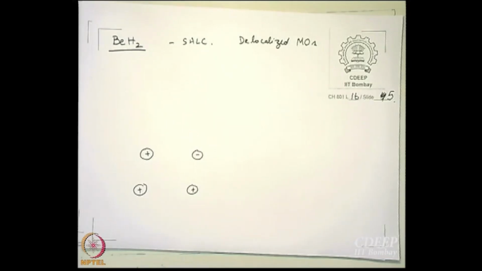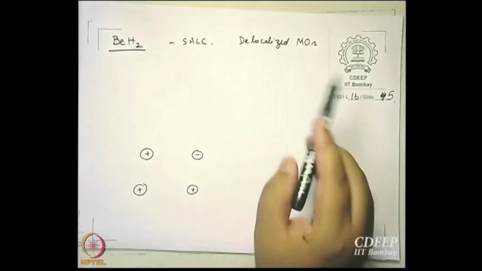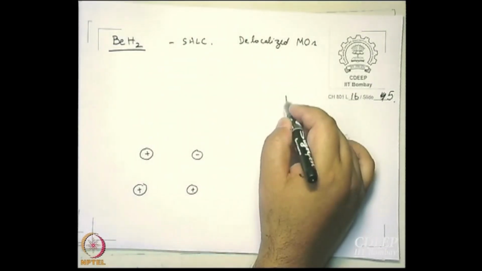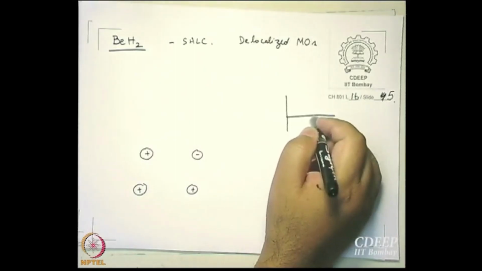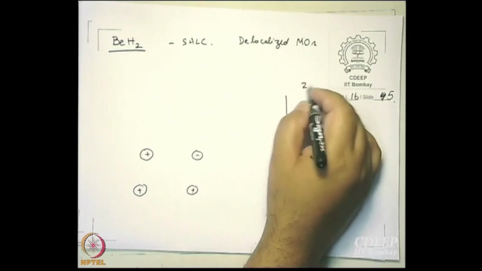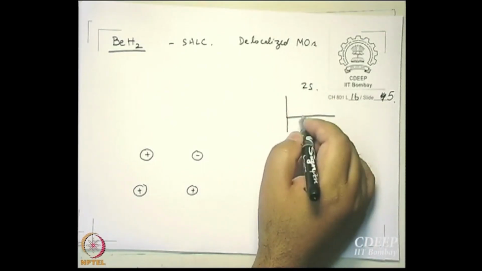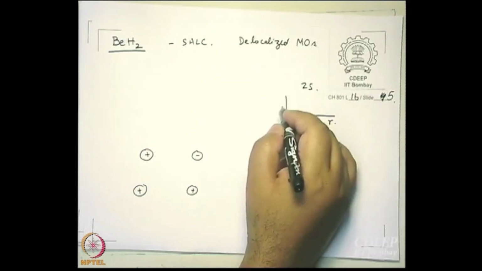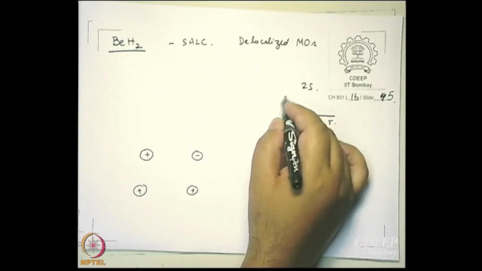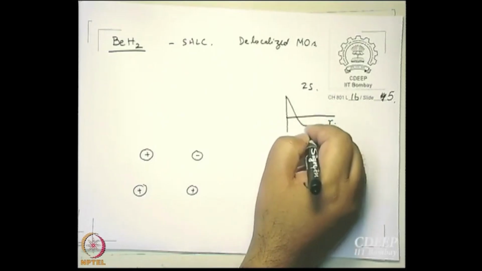What do we represent by the minus sign? Do you remember the radial distribution function of the 2s orbital? You just take a section through the 2s orbital, it looks like this.